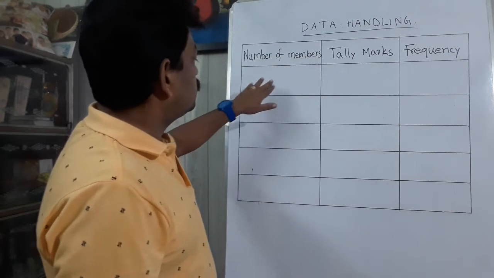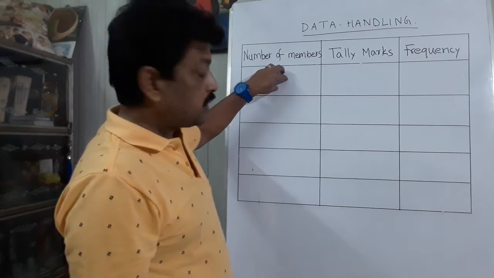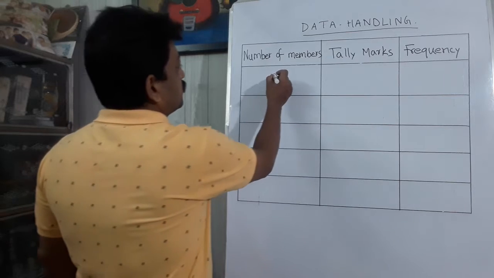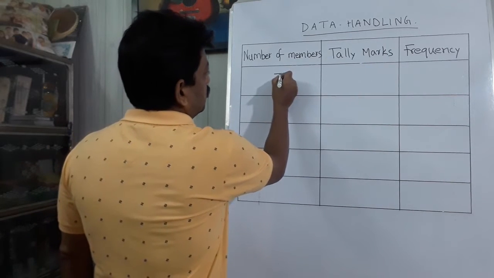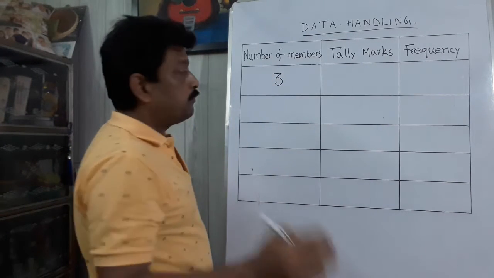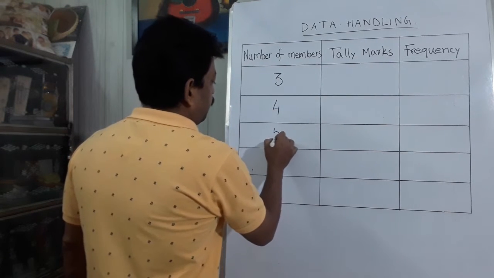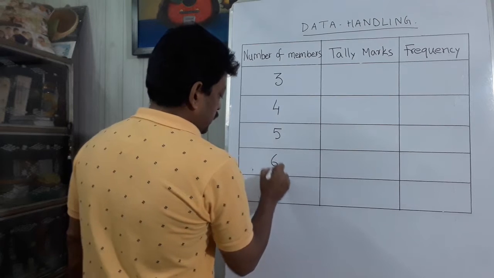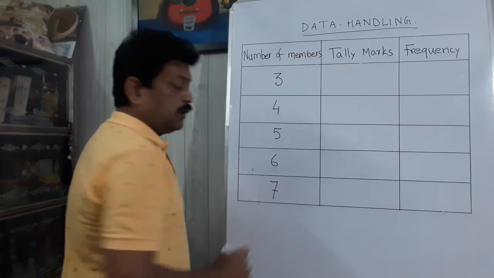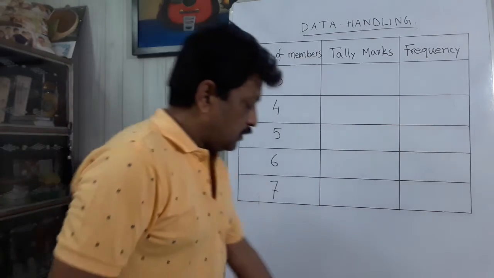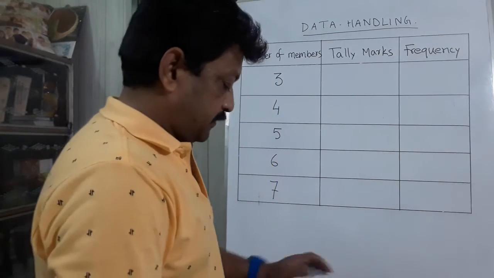So the lowest number of members will be written first and the highest at last. The lowest was 3 members in a family. Then 4, 5, 6, and the highest number of members in a family was 7.